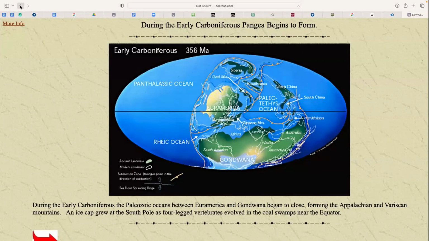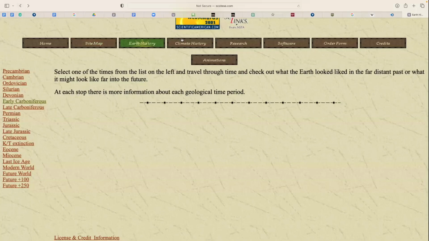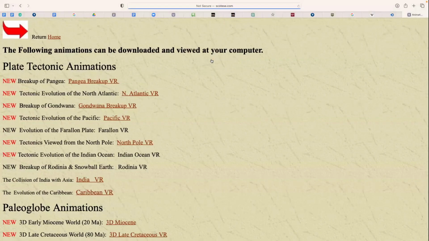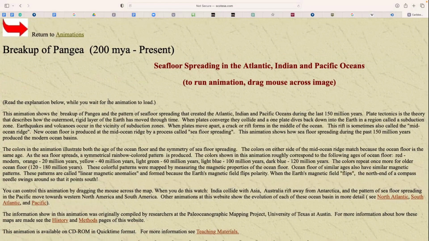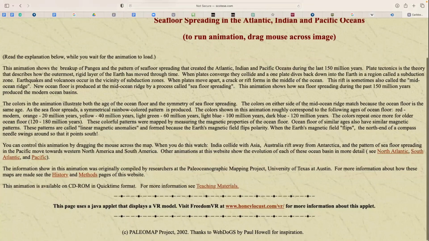I would encourage you to explore this. There's also a climate history tab here, and an animations tab. Let's see if the animations will work here. Now, this is a really old website, and I'm probably going to have to try to find a new version.